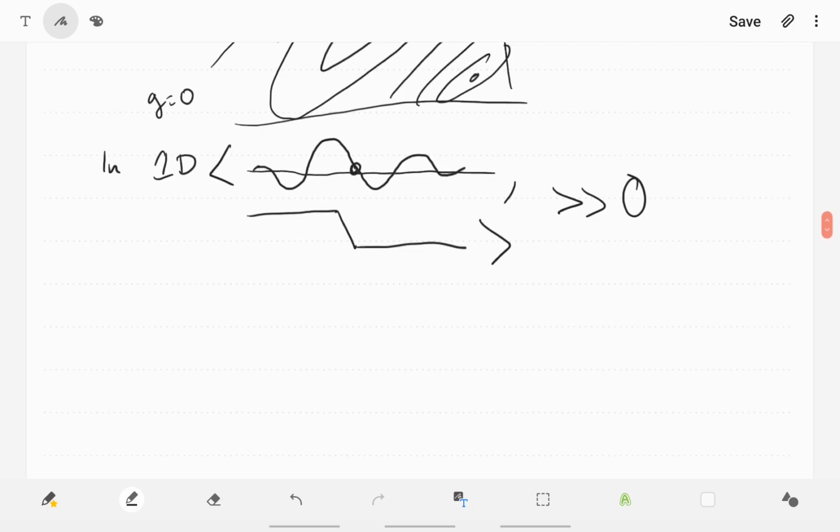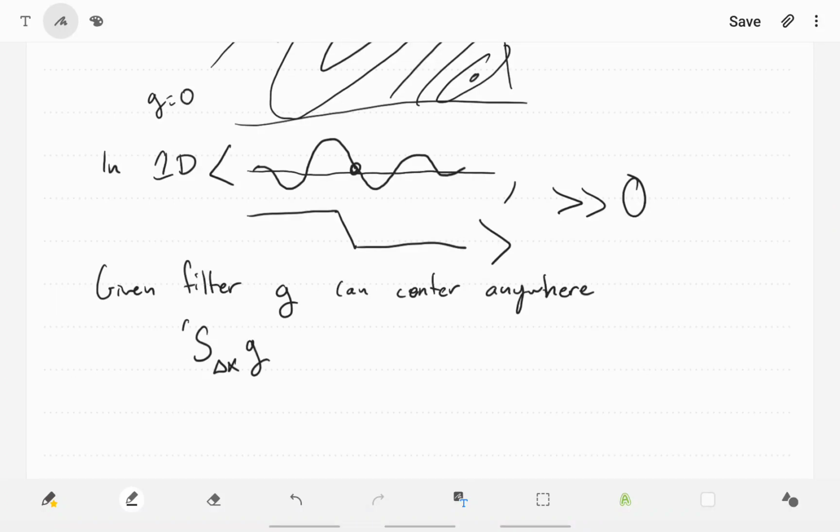So given a filter G, we can center these anywhere, just by shifting it. The way that we would do that is we would define a shift operation, which would be like S sub delta x of G, so a shifted version of G at some pixel location little x.